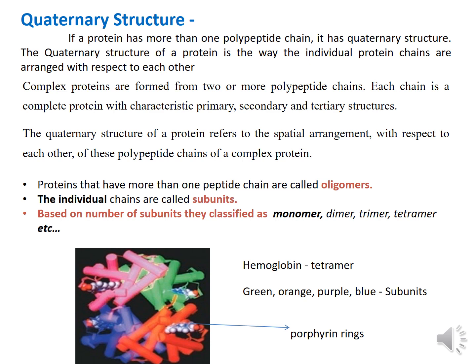These are all subunits of hemoglobin. Therefore, it is a tetramer. Tetramer means four amino acid chains, and they are said to be subunits.